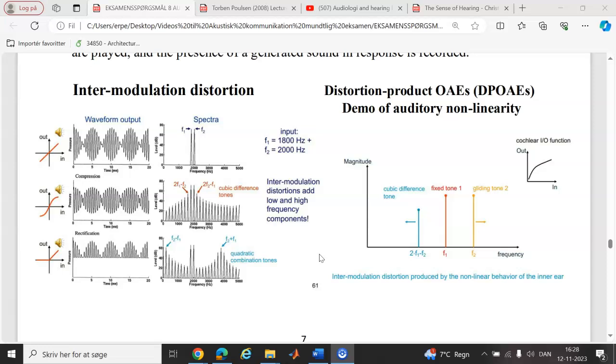I can't remember all these things. Distortion products, OAE, a demo of auditory non-linearity. Intermodulation distortion is produced by the non-linear behavior of the inner ear. There are some extra frequencies: you have F1 and F2, then you have 2 times F1 minus F2, or 2 times F2 minus F1.